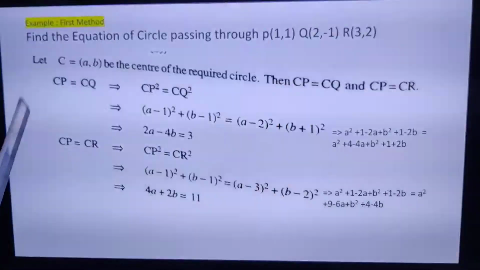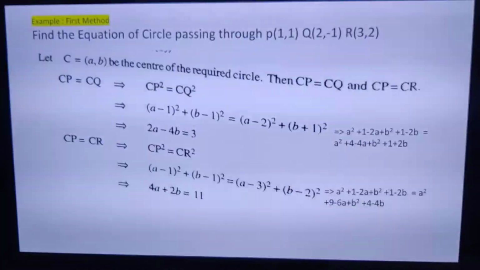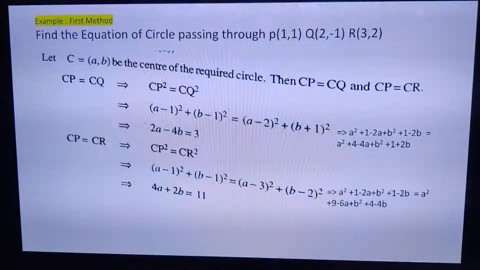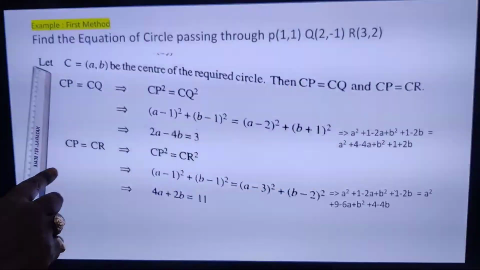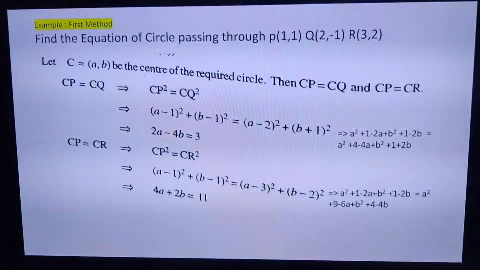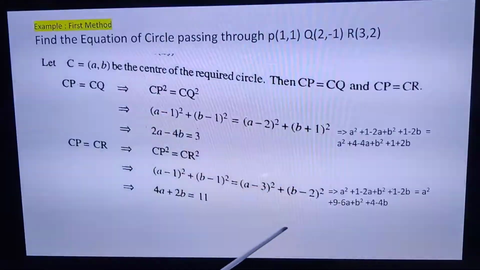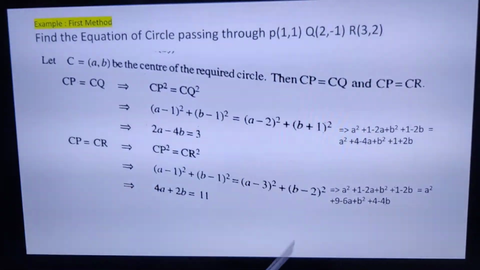First, find the equation of the circle passing through P(1, 1), Q(2, -1) and R(3, 2). We use the first method, that is, let C(a, b) be the center of the required circle. Then CP is equal to CQ is equal to CR. First we take CP is equal to CQ.